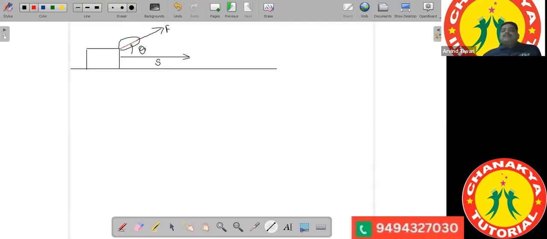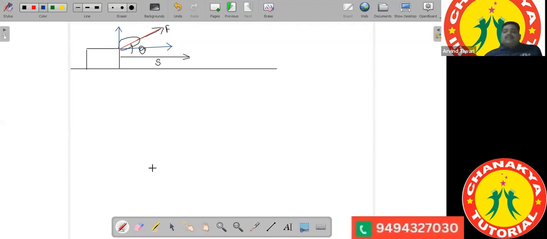Some part of it causes the displacement in the horizontal direction, and some part of it lifts the box.